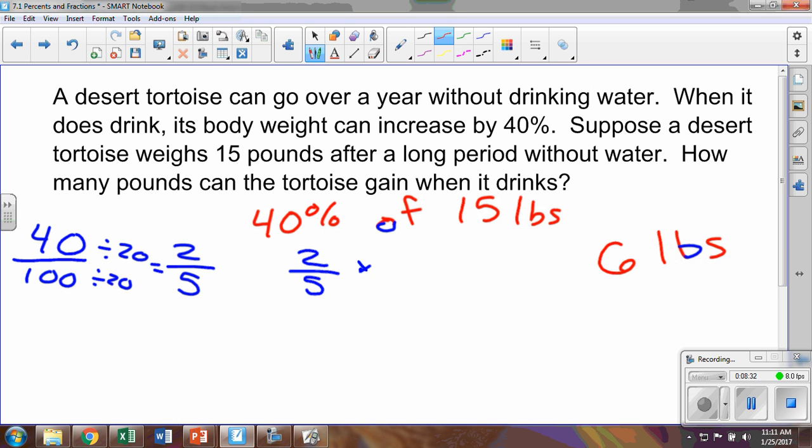Of means multiplication, and so we could have simply been saying 2 over 5 multiplied by 15. We could have done it that way. We'll see down the road how we could do this with decimals. There are lots of correct ways to do the problem. I'm focusing on proportions because that's the skill that we're practicing. It's our priority standard that we need to be good at.